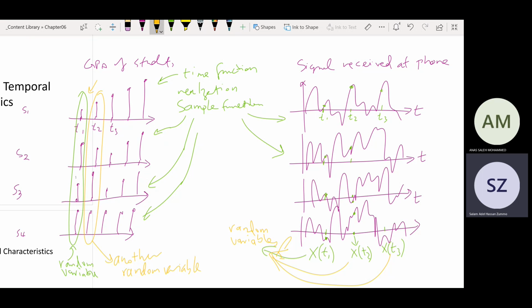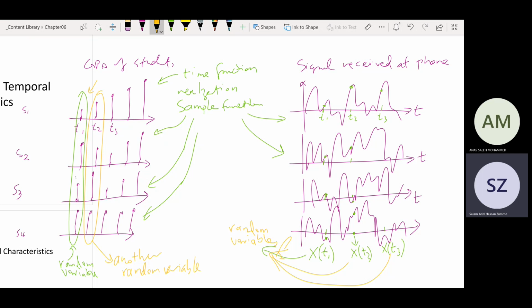So in general, it's continuous. However, the random process is discrete in time, but every random variable of these is continuous. Here clearly the signal is continuous. Every random variable here is a continuous random variable. However, the time here is continuous. So it's very important to understand this concept.